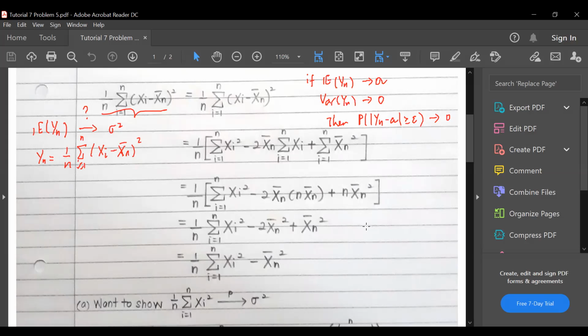If you do the expectation of Yn, because this is just 1 over n times the summation of the expectation of this.